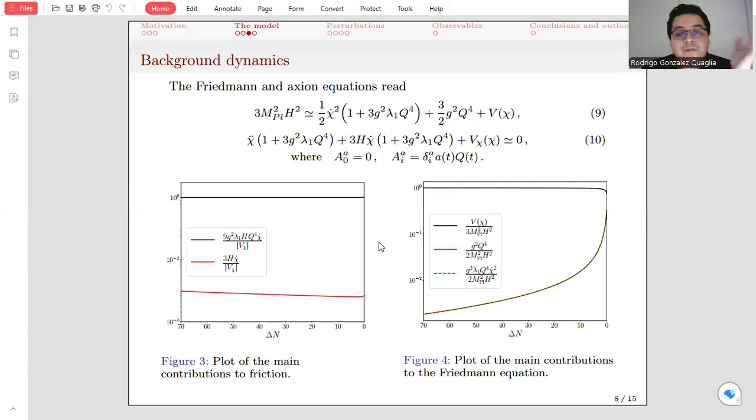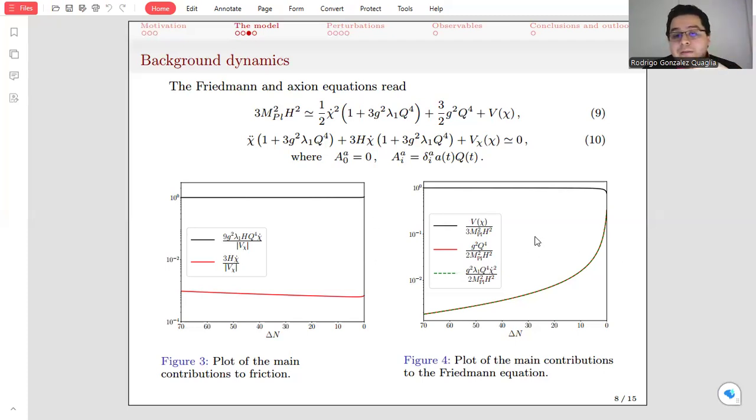In the left figure, we are plotting the relative magnitude of the main contributions to friction. In red, you see the relative magnitude of the Hubble friction, and in black, the relative magnitude of the newly introduced friction proportional to lambda 1. Here we see that we are working in a regime where the dominant source of friction is due to our new coupling, the kinetic gauge friction coupling, and not due to the Hubble friction.